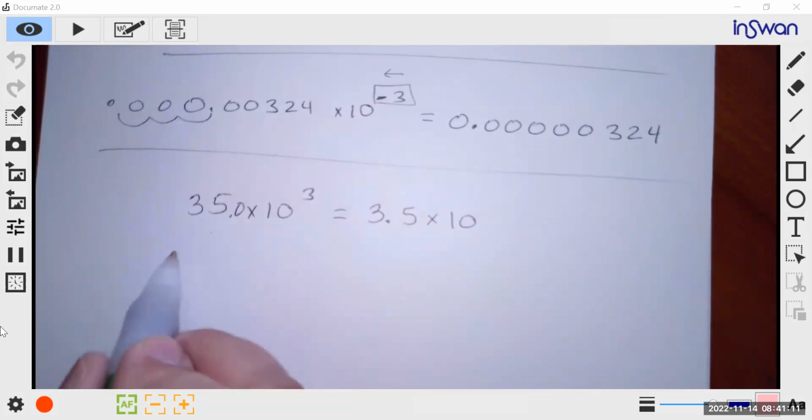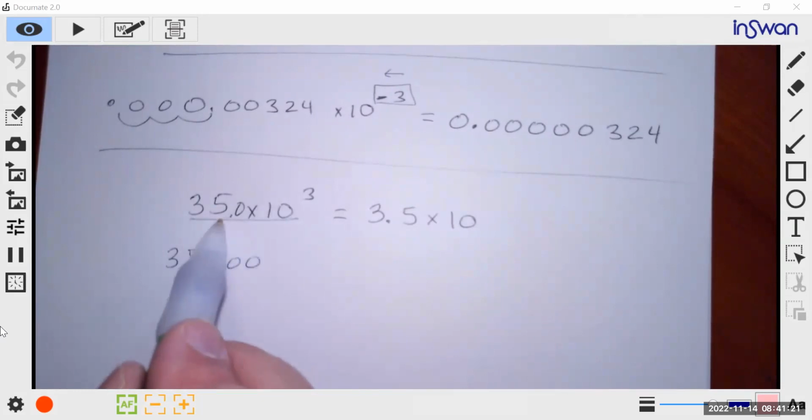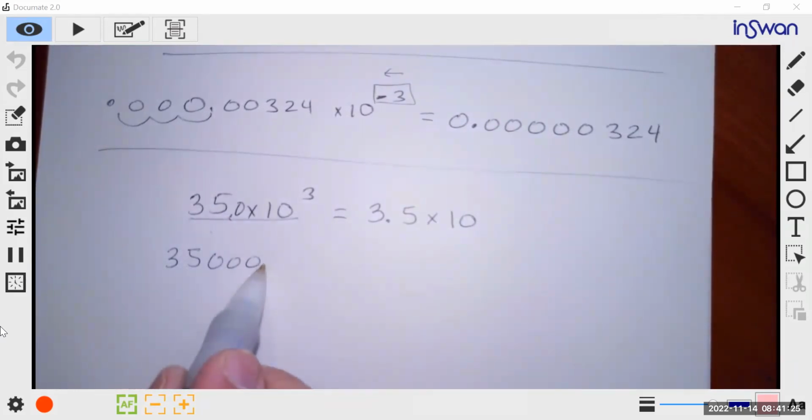So what does this number look like? Right now, this number looks like 35,000. That's this number. After the decimal, I have 3 spaces. So what I'm really doing is moving it 1 more.